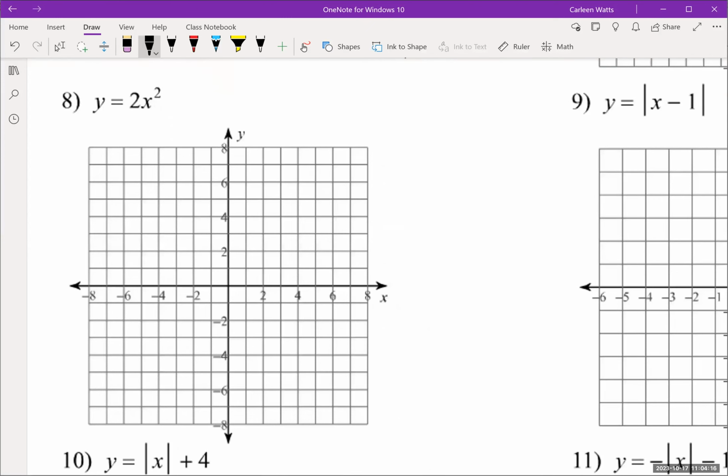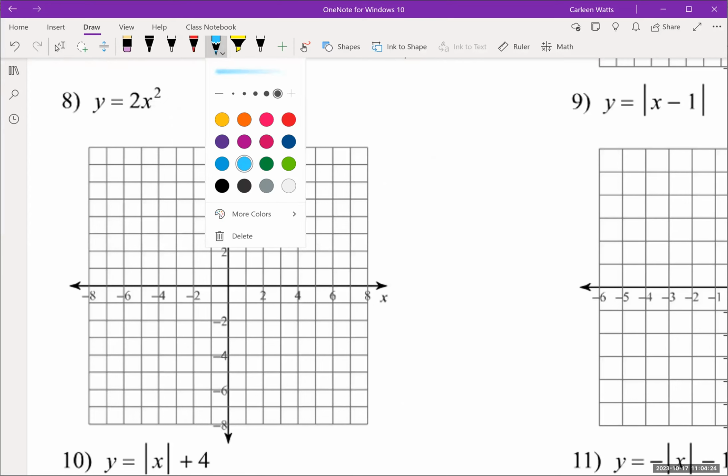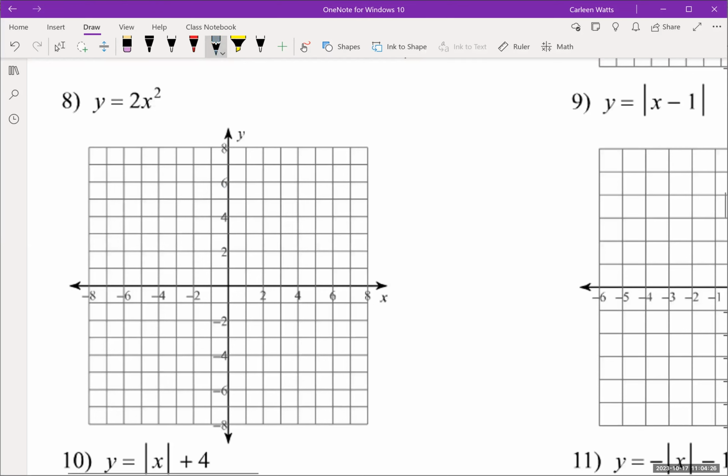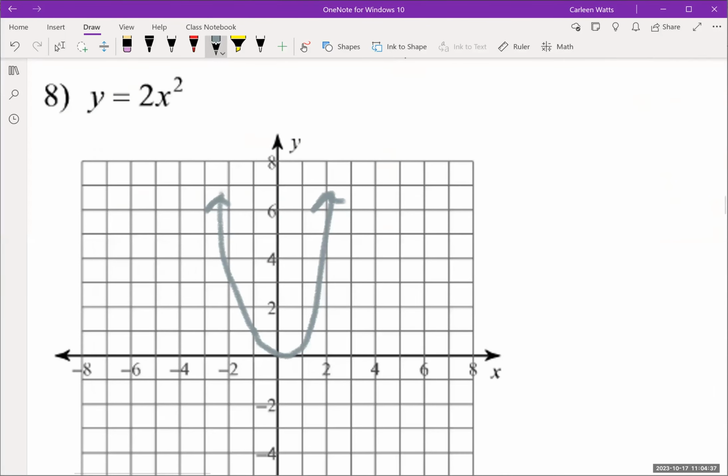What if I have a number greater than 1? So I'm going to sketch the regular parabola. Okay, so we're just sketching the parent graphs.